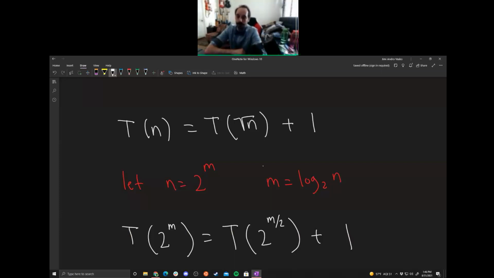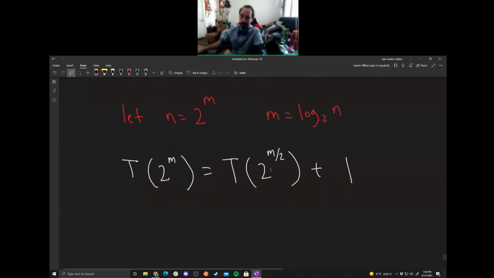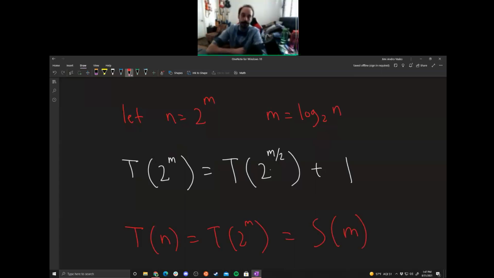And now we're going to rename this recurrence. We're going to rename T of 2 to the power m. We take T of 2 to the power m, and we rename this to S of m.